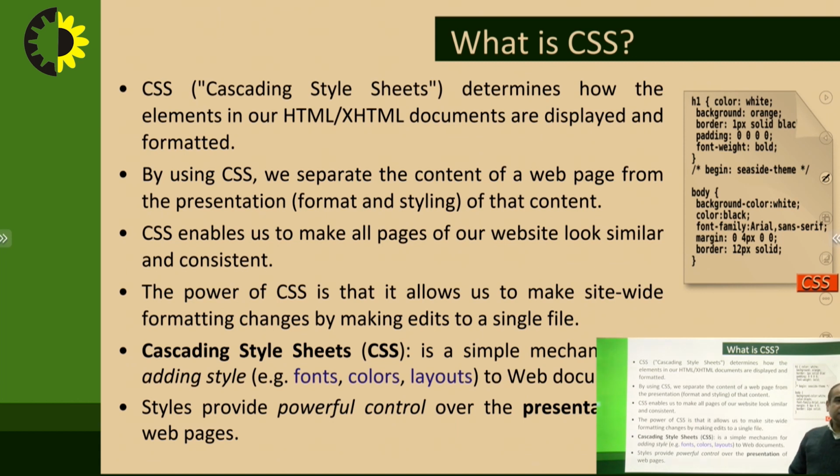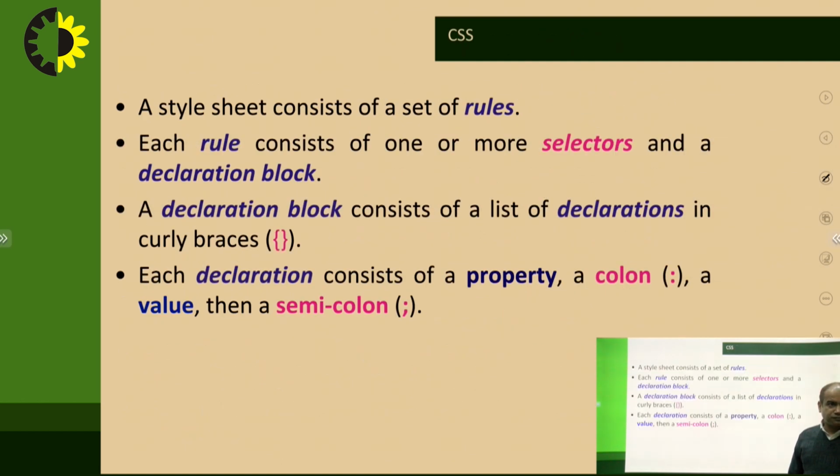This is an example of how we will use CSS. CSS is a style sheet, as I told you earlier. It consists of rules, meaning some predefined rules, or we can say we make some rules. Each rule consists of one or more selectors and a declaration block.